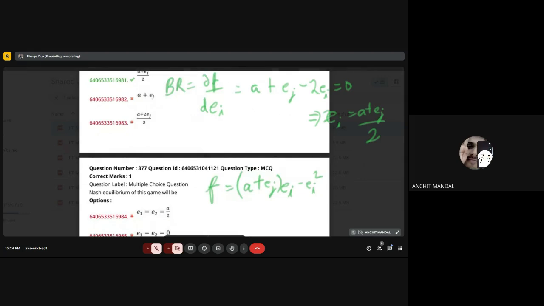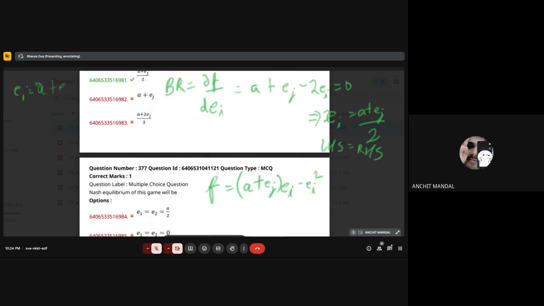Nash equilibrium of this game. So basically, what we need is LHS equal to RHS, which means e_i equal to e_j. It should be a, right?